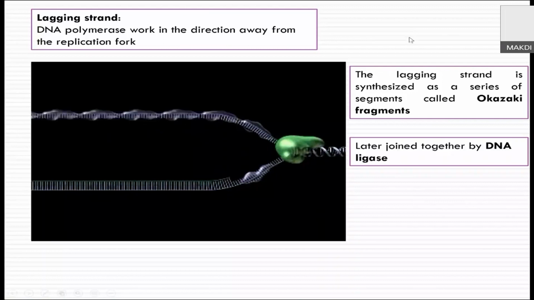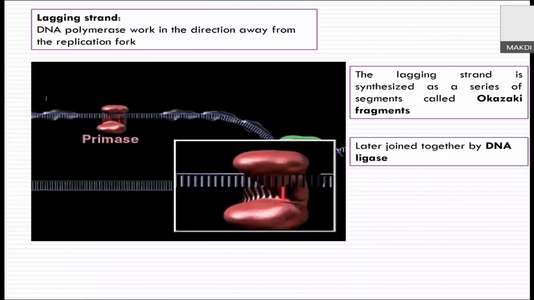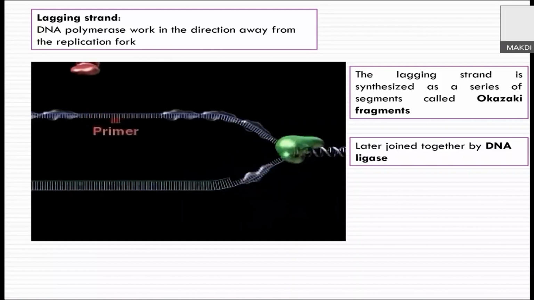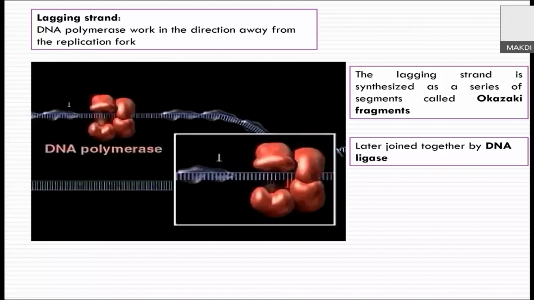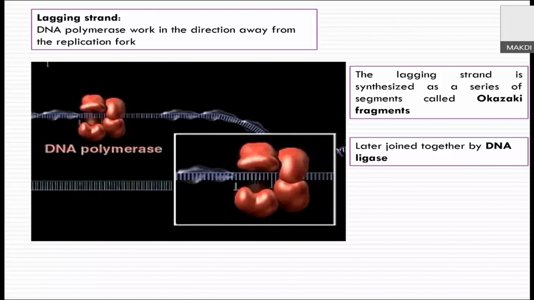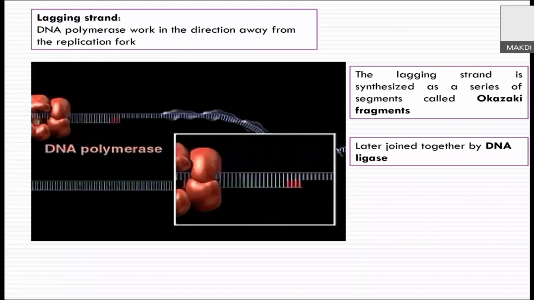Now let's look closely at how enzymes work together to assemble the lagging strand. First, the enzyme primase removes the single-strand binding protein, shown here in blue, and makes an RNA primer to begin an Okazaki fragment. The enzyme DNA polymerase then adds the complementary DNA nucleotides to synthesize the rest of the fragment.